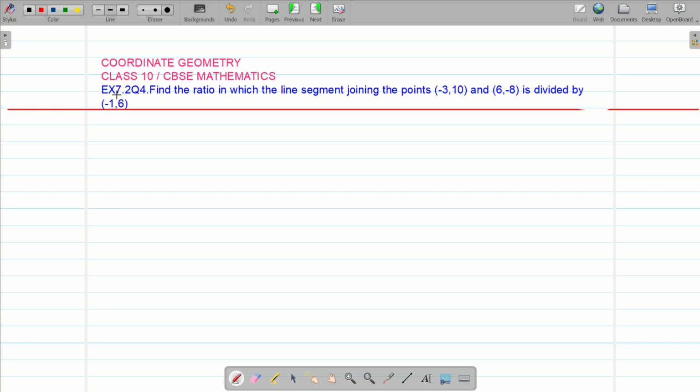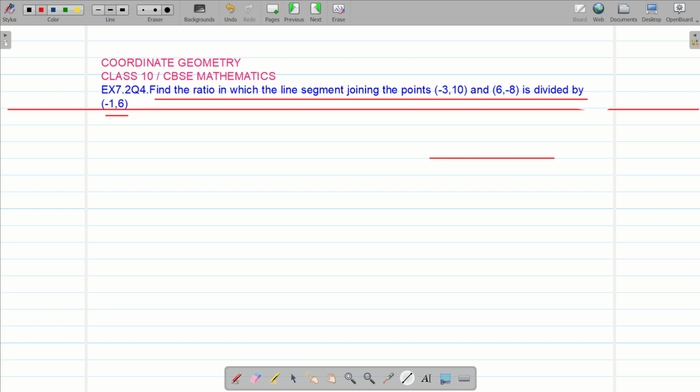Coordinate geometry, class 10 CBSE mathematics. Find the ratio in which the line segment joining the points -3, 10 and 6, -8 is divided by -1, 6.